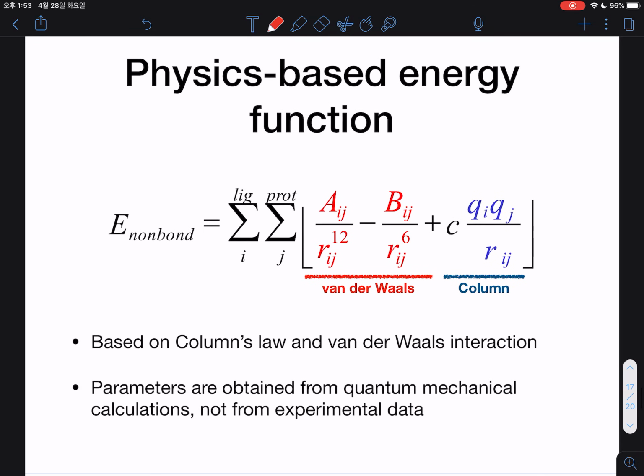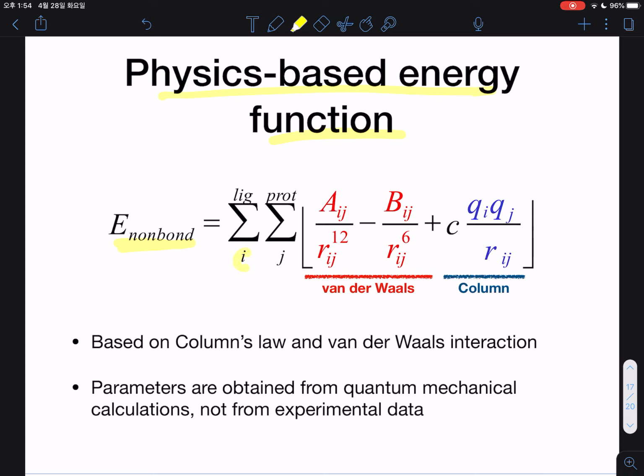On the other hand, physics-based energy functions are generally based on physics, and they have a functional form based on physical law. So for example, if a program is designed based on a physics-based energy function, then the non-bonding interaction can be written like that.